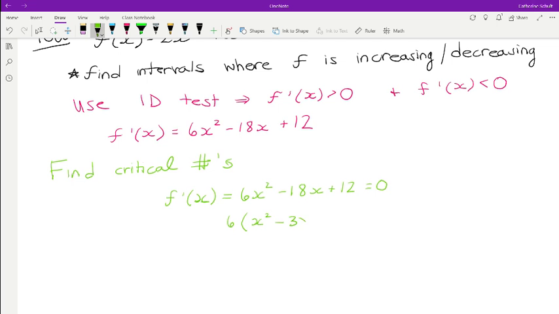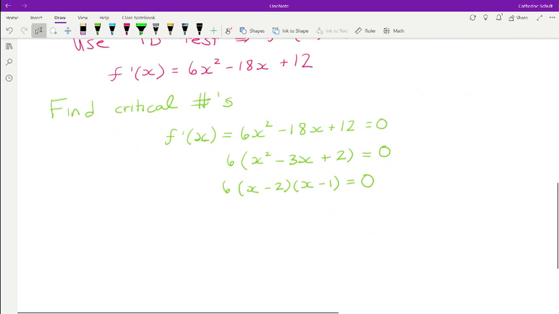If it wasn't factorable, we could always use the quadratic formula. Two numbers that multiply to positive 2 and add up to negative 3 are negative 2 and negative 1. So our critical numbers are x equals 2 and x equals 1.